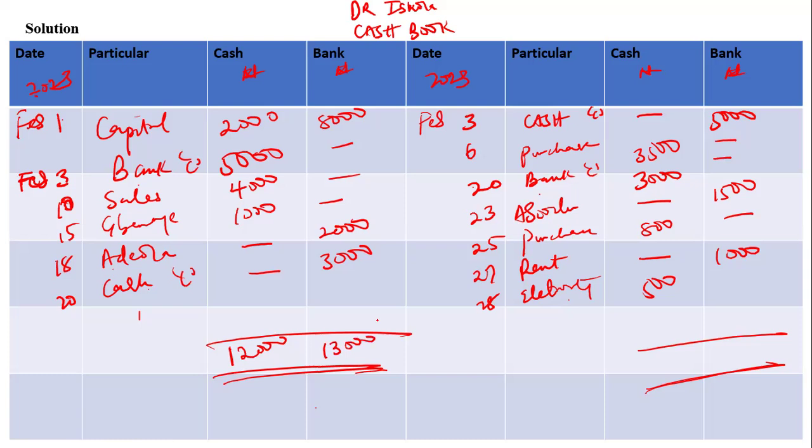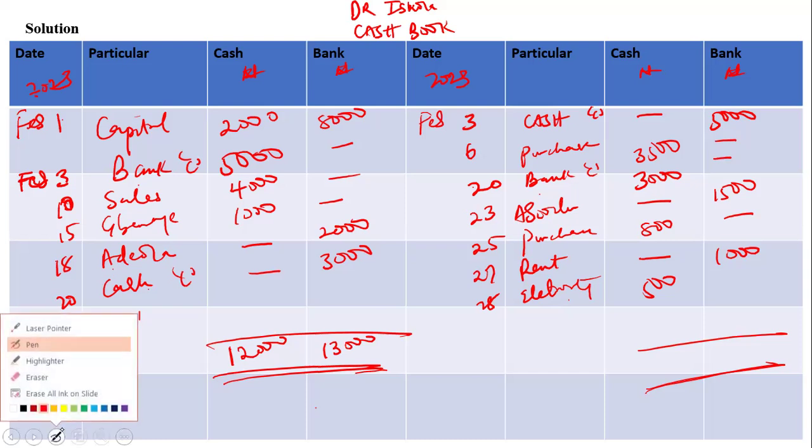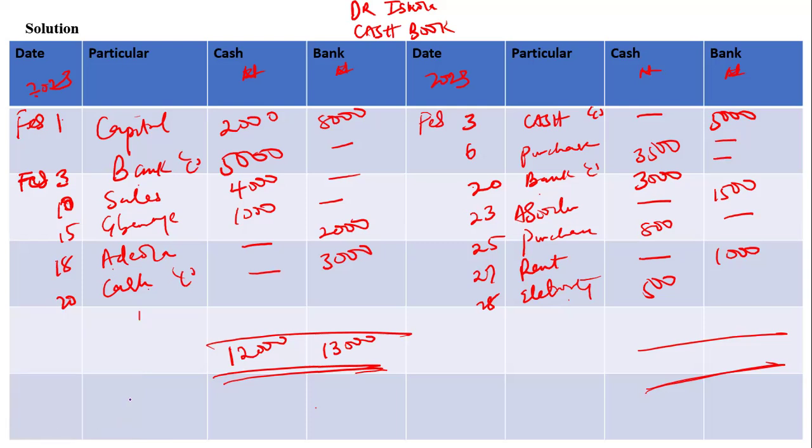Now let's get the balances on this side. So we have 3,500 plus 3,000 plus 800 plus 500. So that gives us 7,800. We'll write it somewhere here. Let's get the second one so that we can do the balances together. 5,000 plus 1,000 plus 1,500, that's also 7,500.